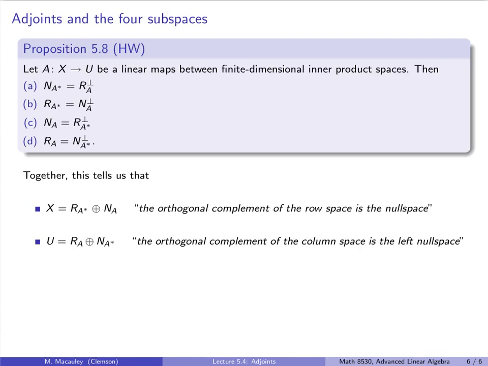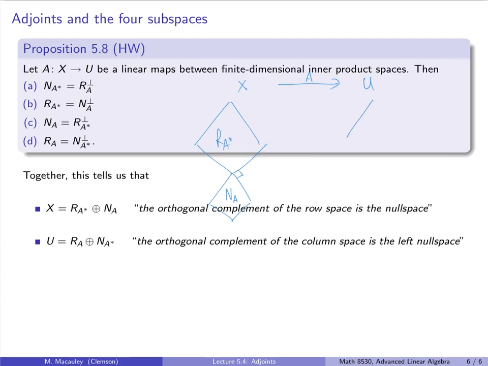Okay, so remember the picture that I've drawn for this. Again, I strongly recommend that you go back and check out my lecture on the four subspaces if you have not already. This is the picture that Gil Strang uses, which I really like. If A goes from X to U, then down here is the null space of A, and this is the range of A star, and these are orthogonal.